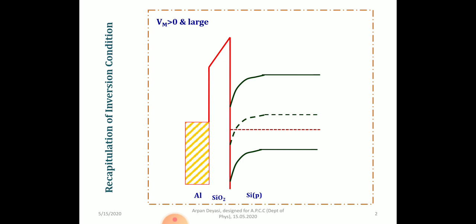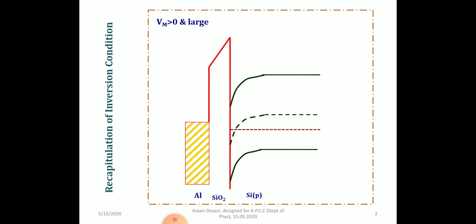If you apply negative voltage at the semiconductor side, then electrons, which are the minority carriers in the p-type substrate, will be repelled. And if you repel the carriers, then these carriers will try to move towards the metal side. But they can't reach the metal due to the presence of the insulating layer. So most of the minority carriers will be accumulated at the insulator semiconductor interface, or insulator substrate interface.